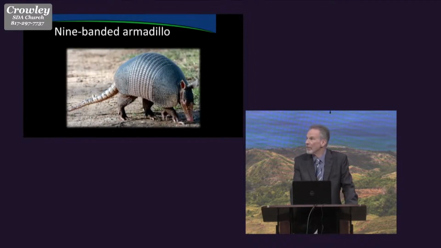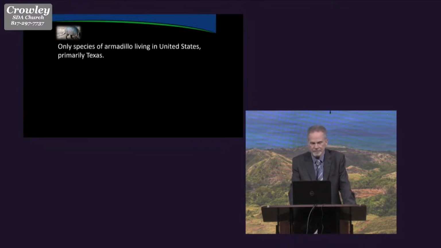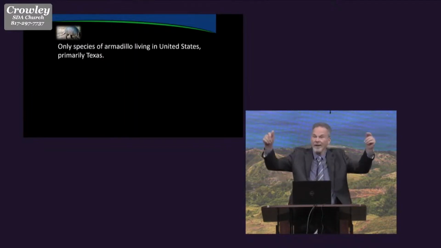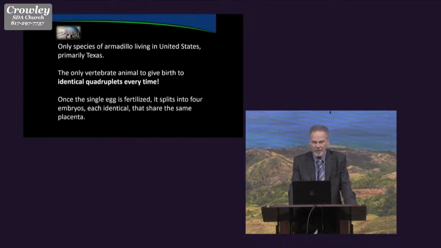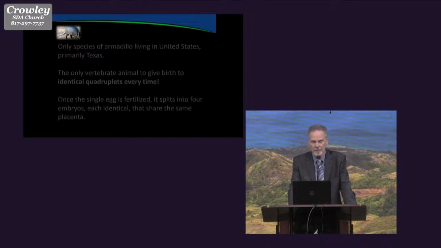Here's something that you might be a little more familiar with, the 9-banded armadillo. The only species of armadillo living in the United States, primarily Texas. The only vertebrate animal to give birth to identical quadruplets every time. Once the single egg is fertilized, it splits into 4 embryos, each identical, that share the same placenta.